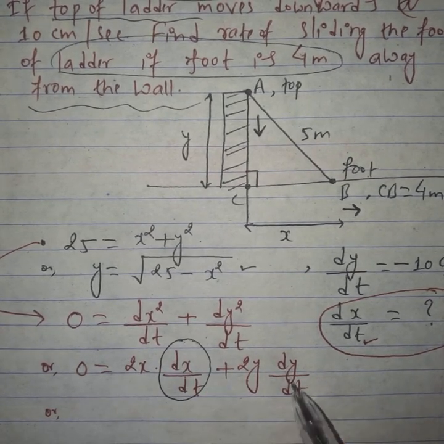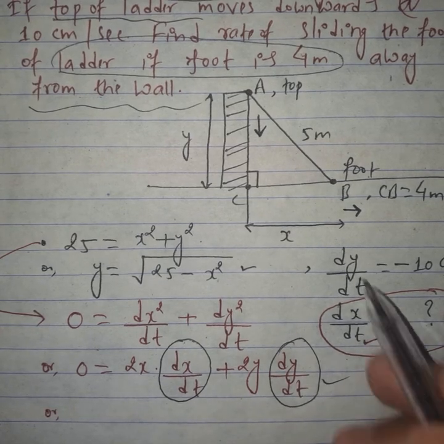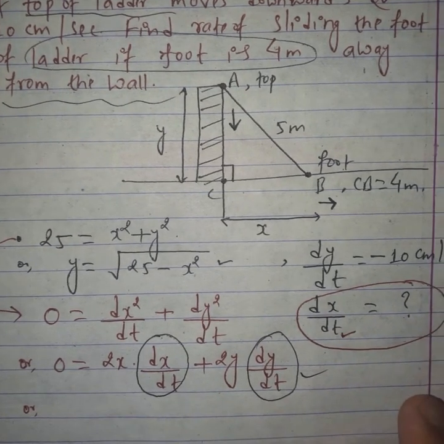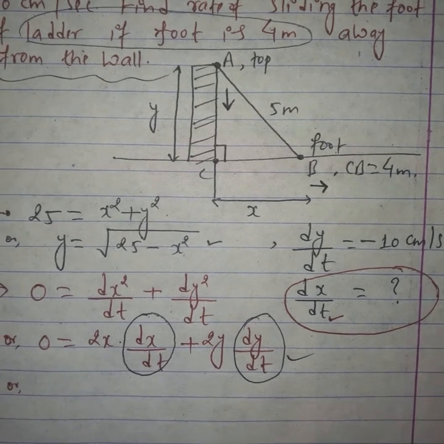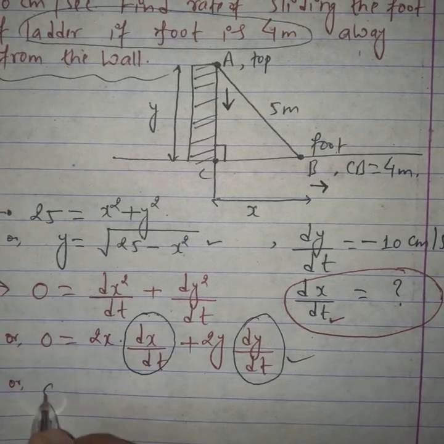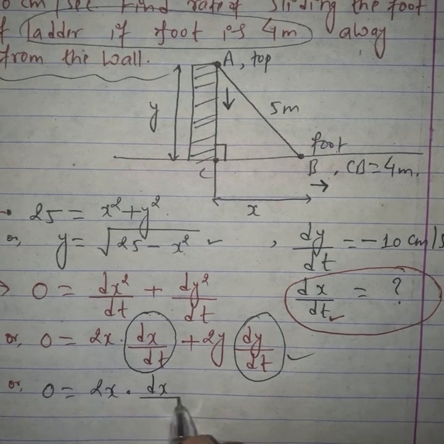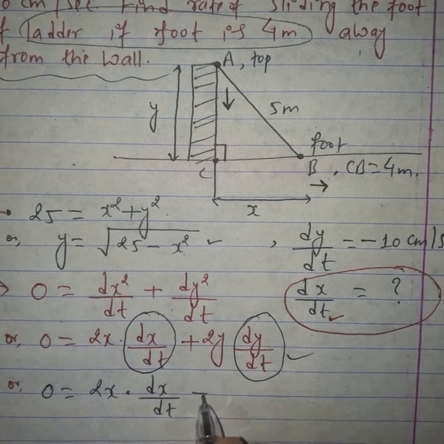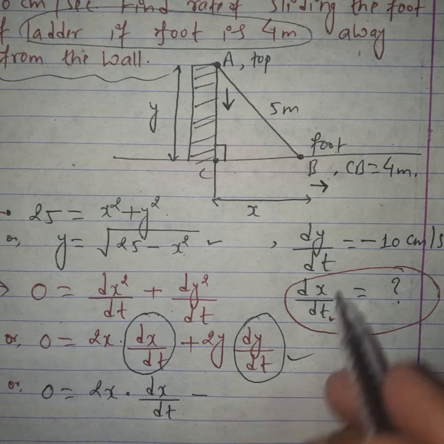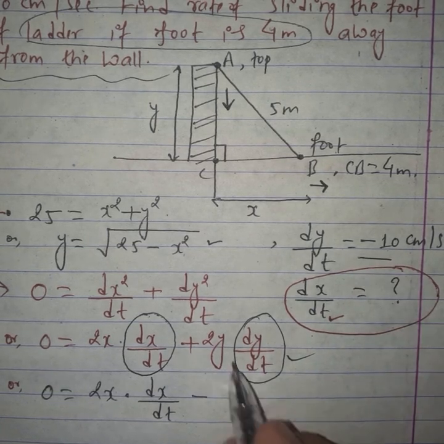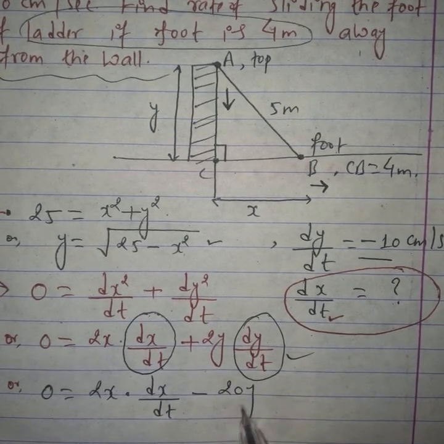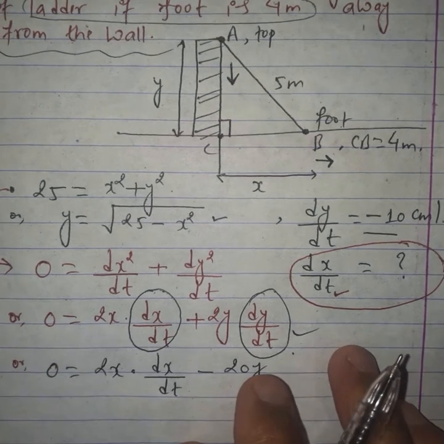The value of dy over dt is given, negative 10 centimeters per second. So 0 is equal to 2x times dx over dt, which is our target, plus, plugging in dy over dt as negative 10, negative 20y.